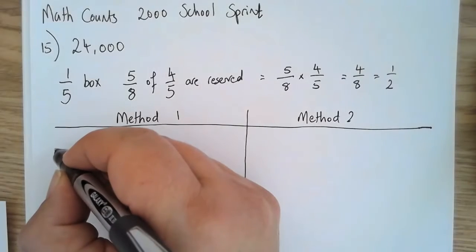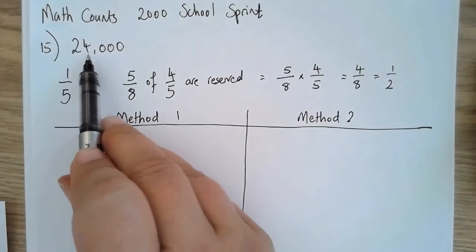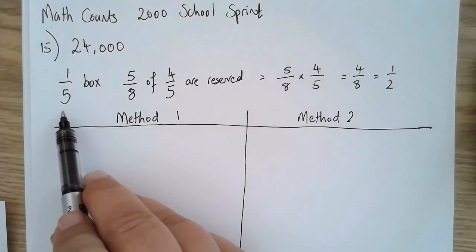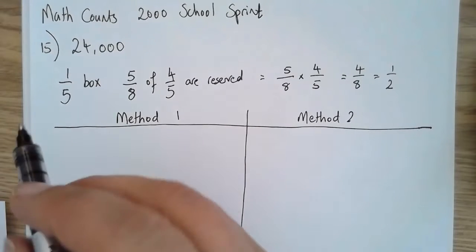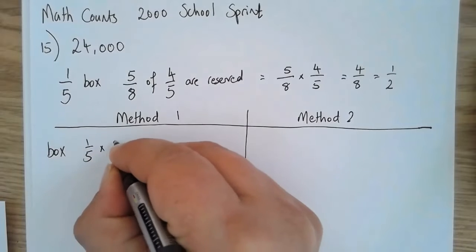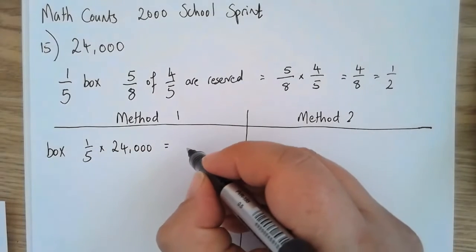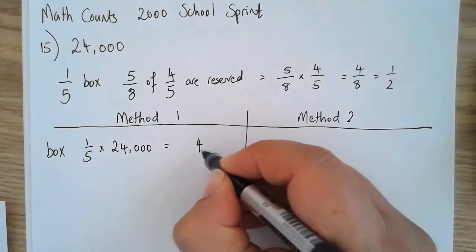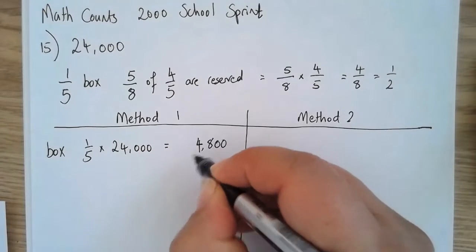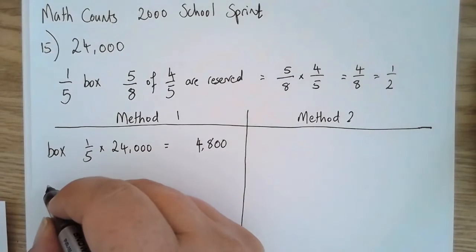First, I'm going to work out the 1/5 and the half, and then add those two together. So the boxes are 1/5 of 24,000. 1/5 of 24,000 is 4,800. Do that by long division or however it works for you.